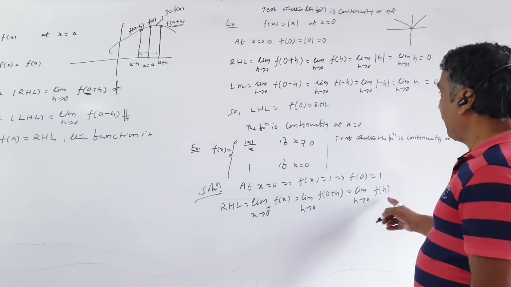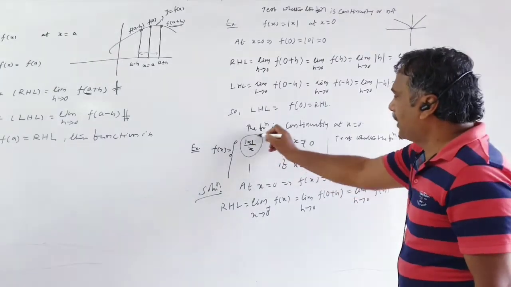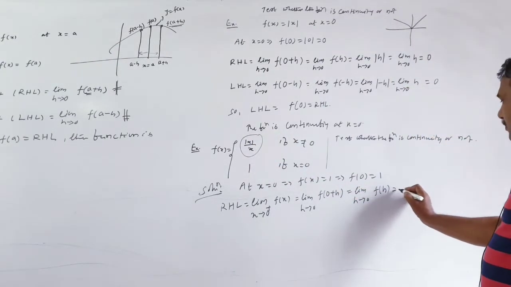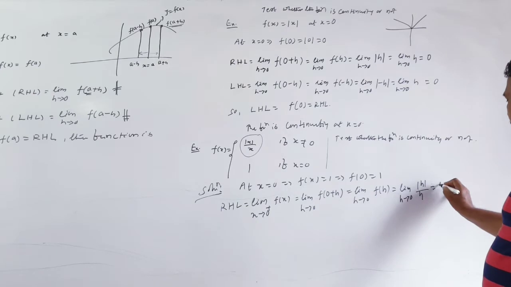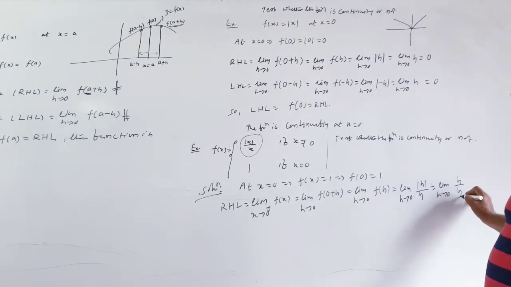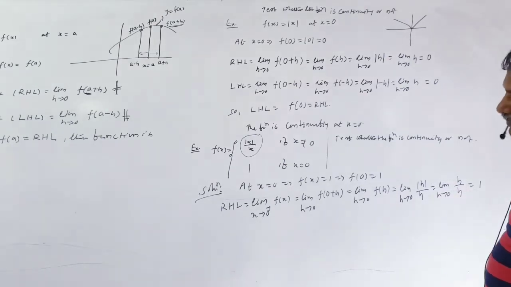What is f of x? Now this one is given. Okay. Now limit x tends to 0 mod of x by x. Now limit x tends to 0 x by x equal to 1.